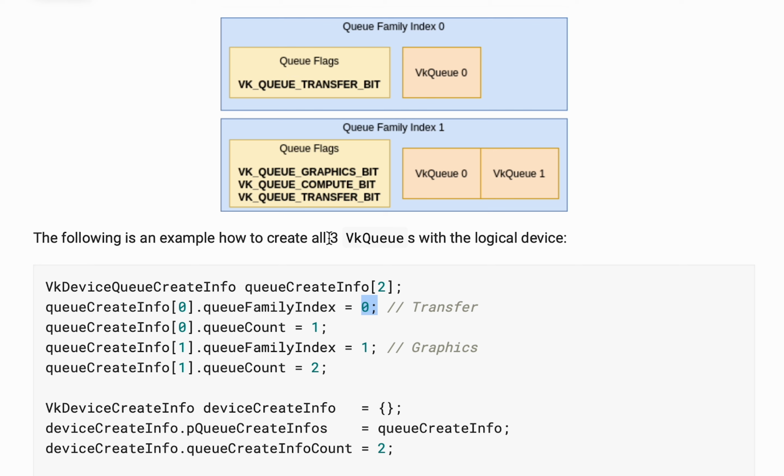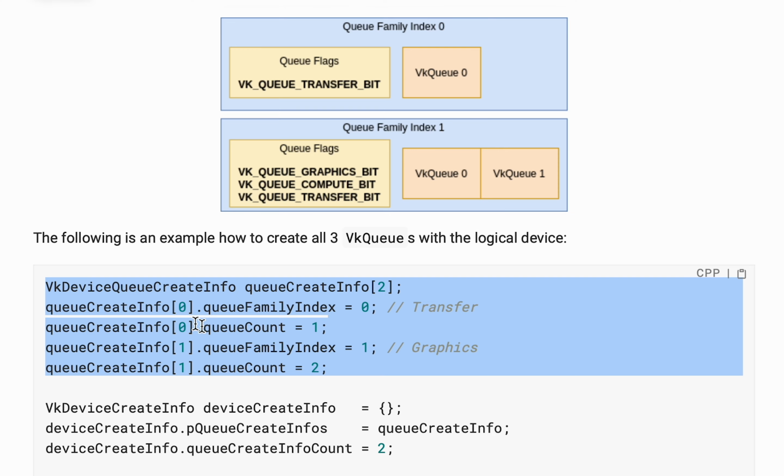And because it only has one queue, they also just pass in one here. The second create info points at index 1, which is this queue family, and this queue family supports two queues, right? It has Q1 and Q2. In this case, they define that here to show you that they're using it in that sense.